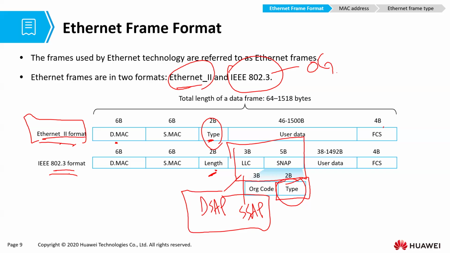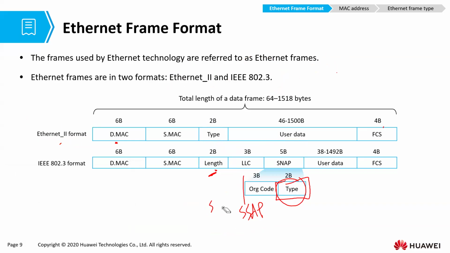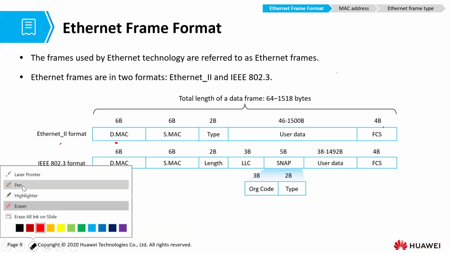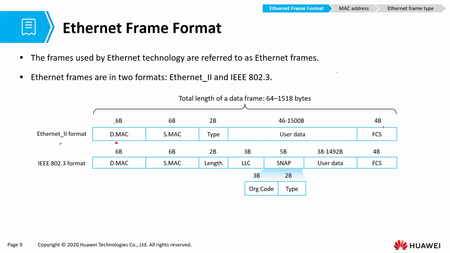It's very important to take note of the sizes of these fields. Here we have a destination MAC address of 6 bytes. 6 times 8, that's 48 bits. A MAC address is 48 bits, which is why we have 6 bytes here.